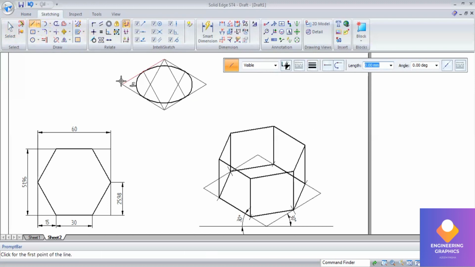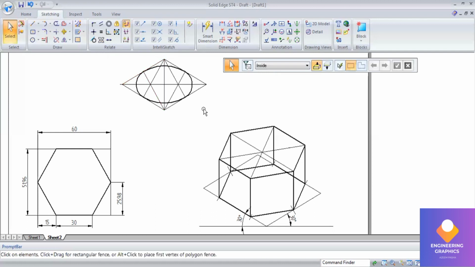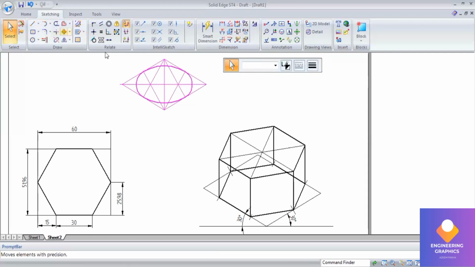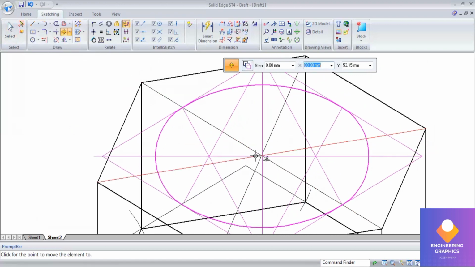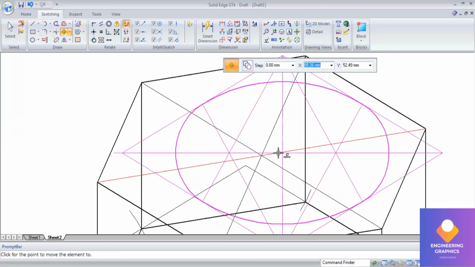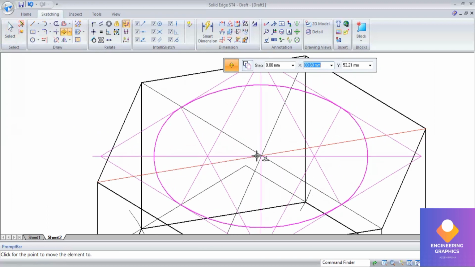Now I'll be drawing two lines to find the center. The same I'm going to do in the hexagonal prism also, getting the center point. By selecting the center point of the cone ellipse, I'm going to place it exactly on the center of this hexagonal prism.